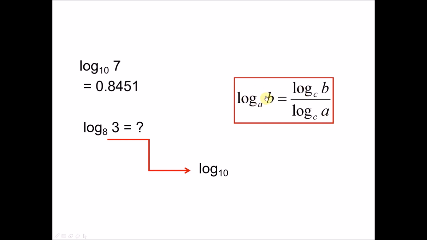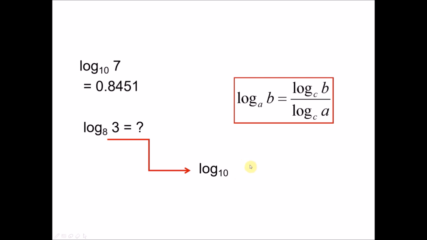We can see that log of a base a here now is changed to another base, which is base c, where the value of the b is written here and the value of the a now is written here. So we can use this formula to change the base of a log from a to another base of any values that we want. So in this case, we change the base a to base 10 so that we can use a calculator to find the values.